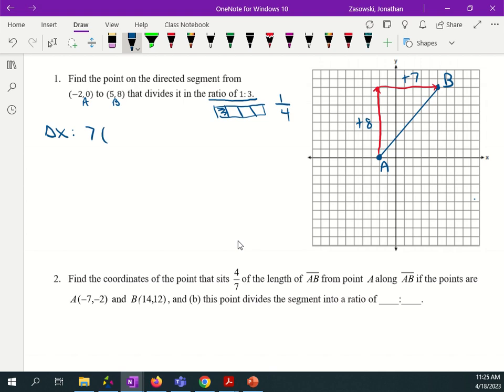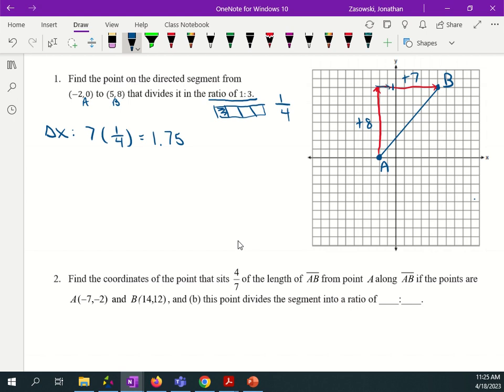7. We're going to multiply that times our fraction, and that comes out to be, careful, 1.75, right? 1 whole, and then 3/4 left over. So instead of going over 7 units, I'm going to go over 1, and then 3/4 of 1, which is right there.